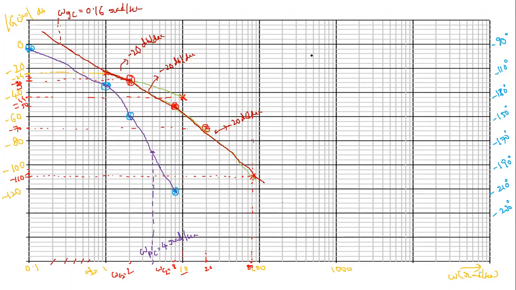So for this, K is equal to 1, omega GC is equal to 0.16 and omega PC is equal to 4 radian per second. Now, what is GM? Tell me. Gain margin for K is equal to 1.